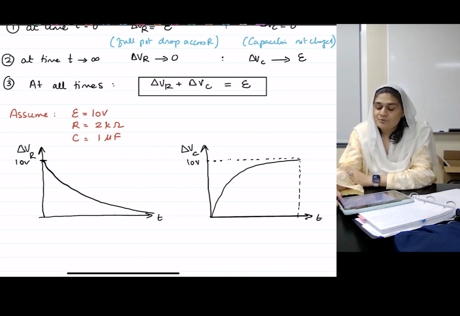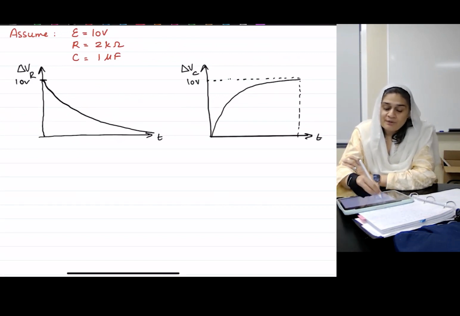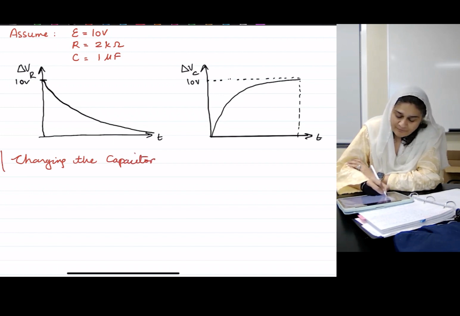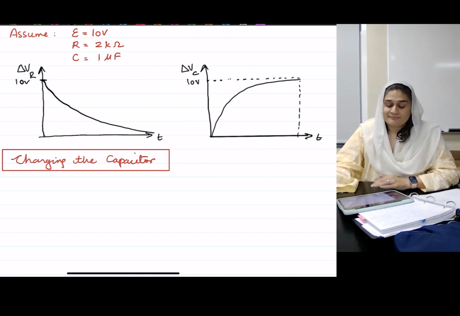So now let's write down what we are seeing in these graphs. So this is the charging case. Even though the graphs tell you everything that you need, I'm still going to write them in words.